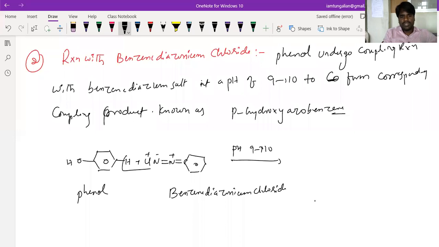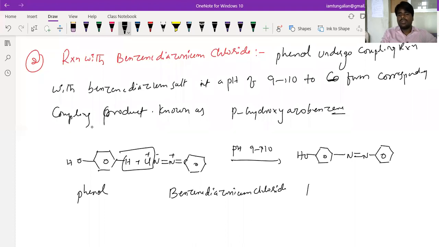So this bond will be given to this, something like this will happen, and it will be converted into a red compound.